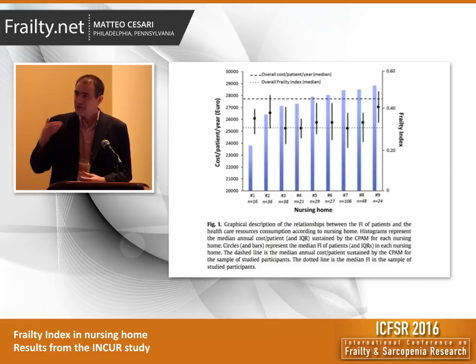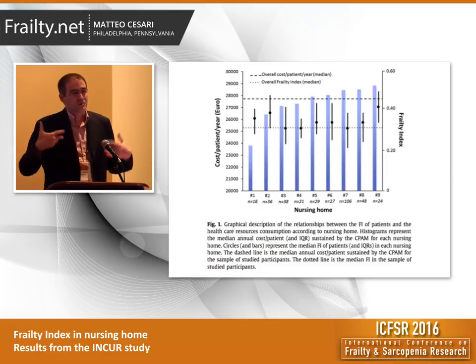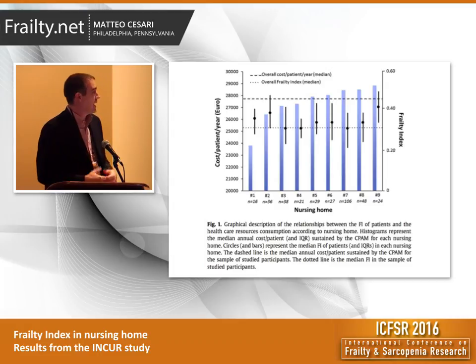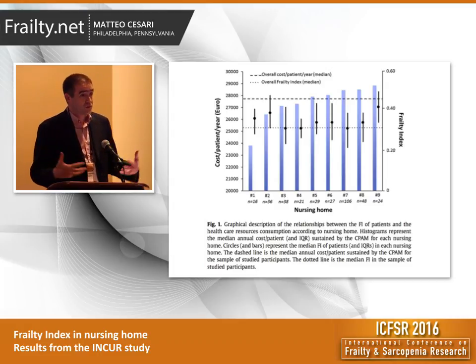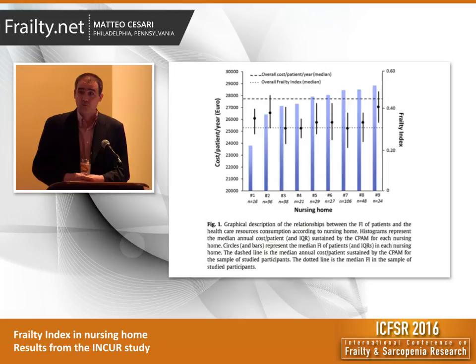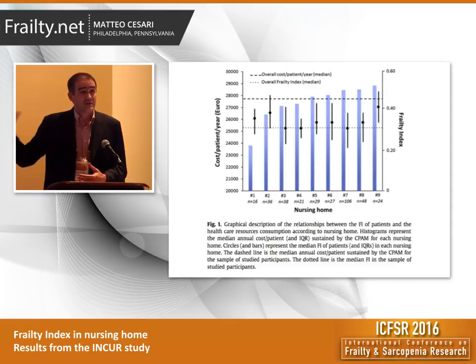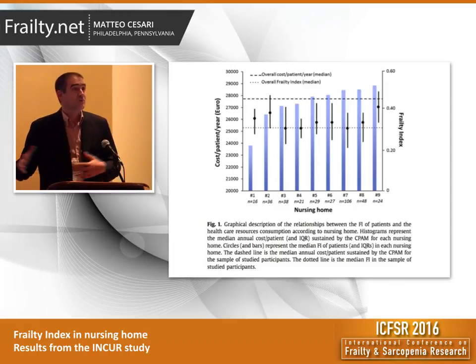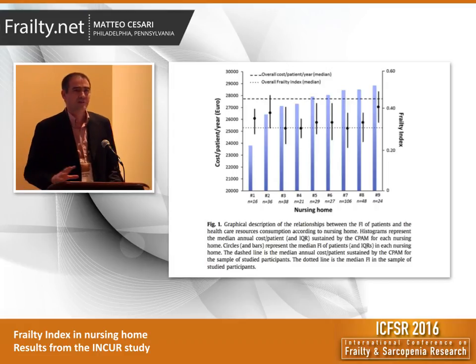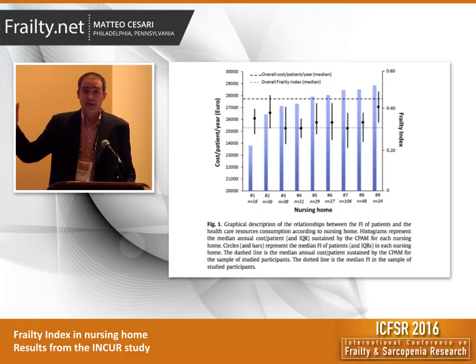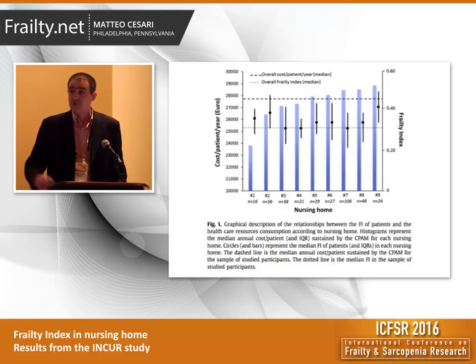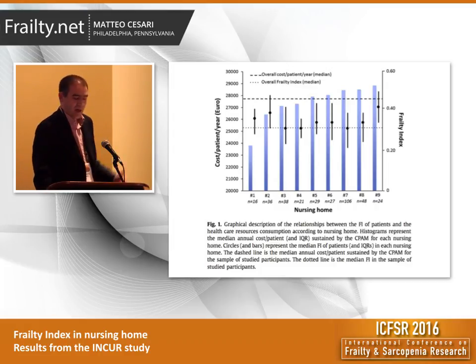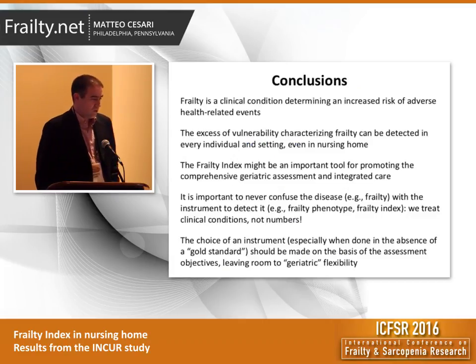So this may suggest trying to merge this data and use this kind of tool for a better allocation of resources across settings. I don't see it as a definitive truth that one nursing home is working better than another, but at least we can check whether the use of money is consistent with the typology of the patients and take possible consequences.